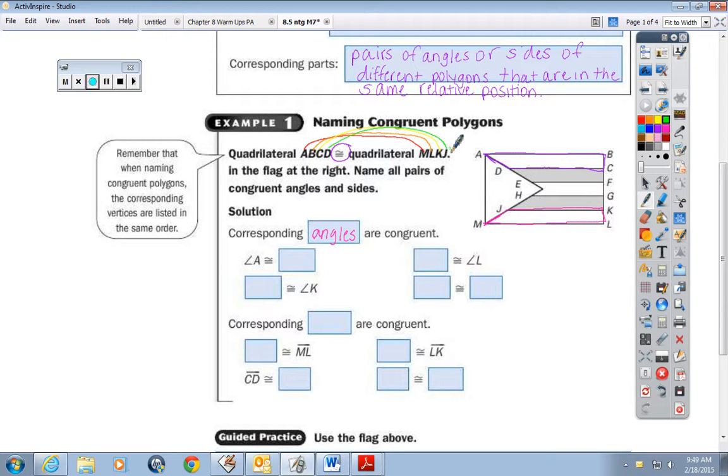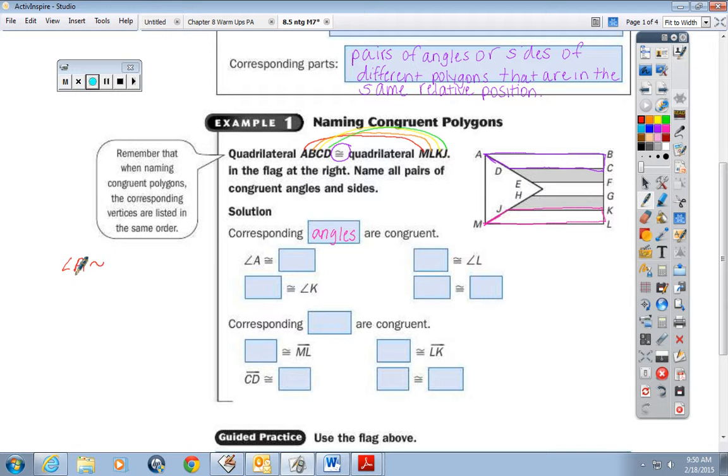So I'll go back and fill in these little boxes in a second, but the easiest, fastest way to talk about the corresponding parts, which are the angles and the sides, so we're doing the angles first, is to say this. Angle A, we're going to do this little squiggly line, which means corresponding.